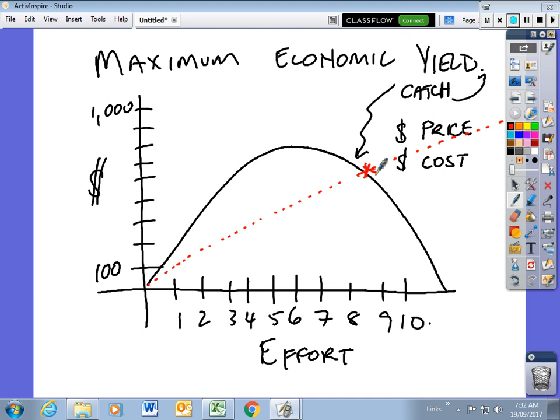Just to put us in perspective as to where we were with our MSY.